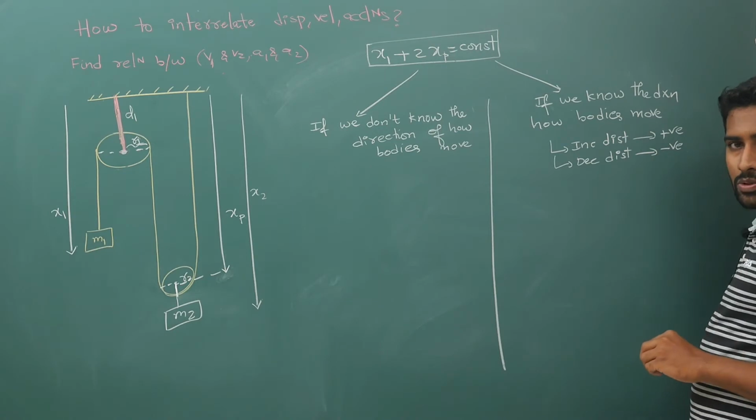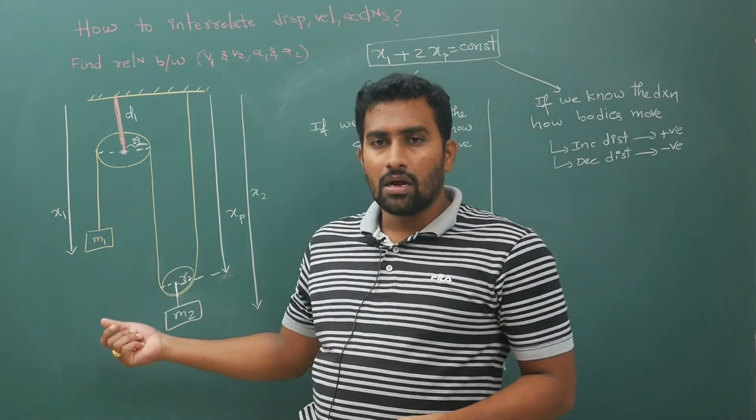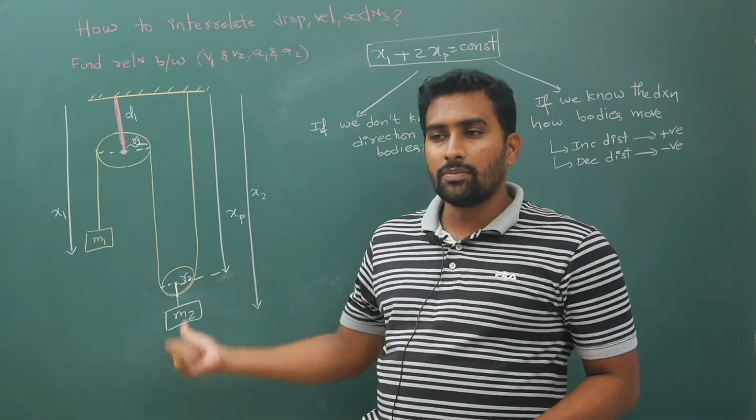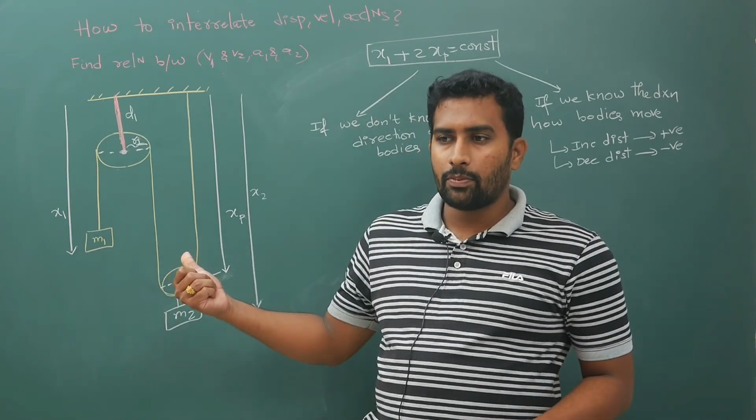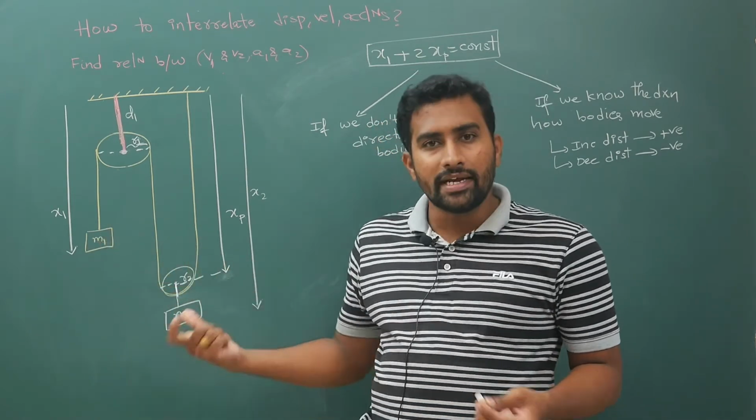So if I say m1 is heavier, obviously m1 comes down, m2 goes up. Getting my point? If we are deciding, if there are only 2, then it is easy.